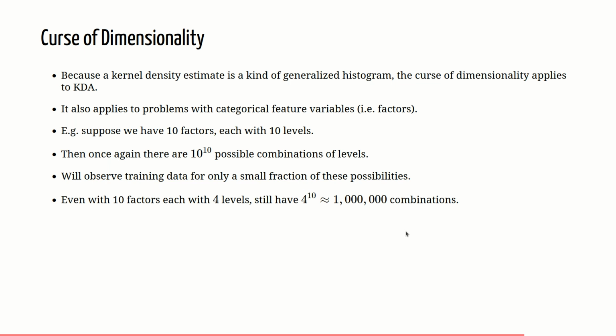And so we're going to give a very poor estimate, right? So our estimates of those F1, F2, and so on are going to be really bad. And even if your factors don't have many levels, so say they've only got 4 levels each and we've got 10 of them, we still have about 1 million combinations.